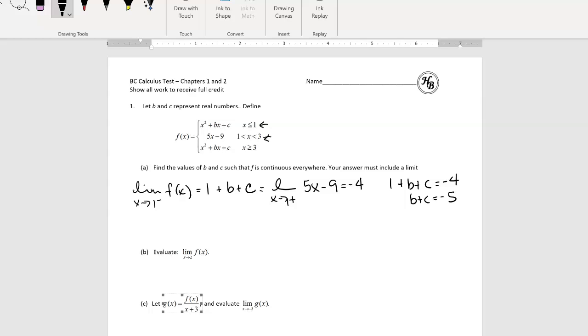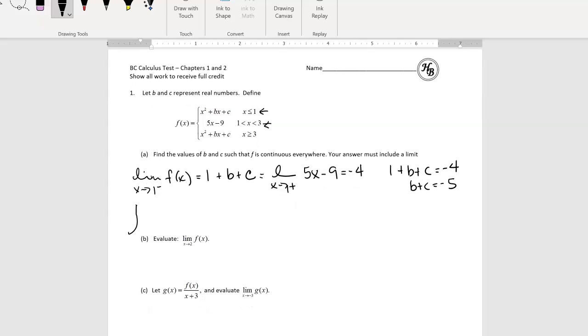Now let's take a look at the same process, but with 3. So the limit as x approaches 3 from the left of f of x is 15 minus 9, which is 6, and that equals the limit as x approaches 3 from the right, and we're dealing with that piece of the function.